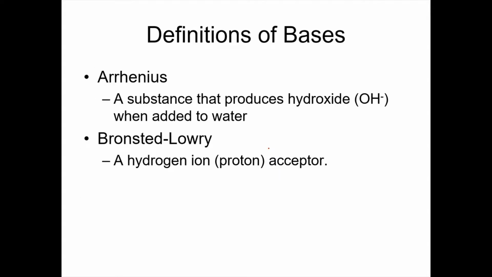Now let's take a look at bases, and I'm going to blow through bases because they're just the opposite of acids. Once again, I'm going to start with the Bronsted-Lowry definition because I think it makes more sense. A Bronsted-Lowry base is a hydrogen ion acceptor. Anything that will grab a hydrogen ion is a Bronsted-Lowry base.